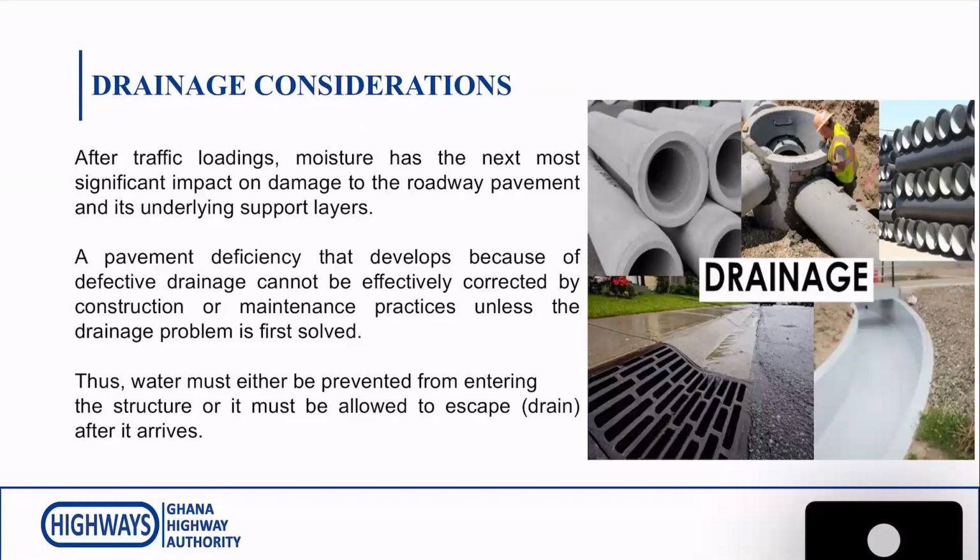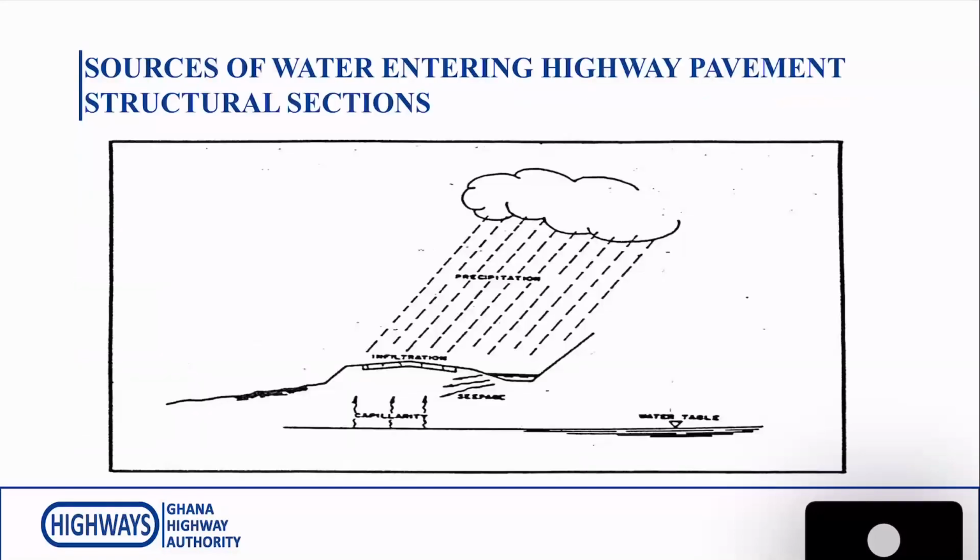So what it means is that we don't have to get water into our pavements. And if it does get in, we must make sure that it drains away as quickly as possible. On this slide, you will see three different ways water enters road pavements.